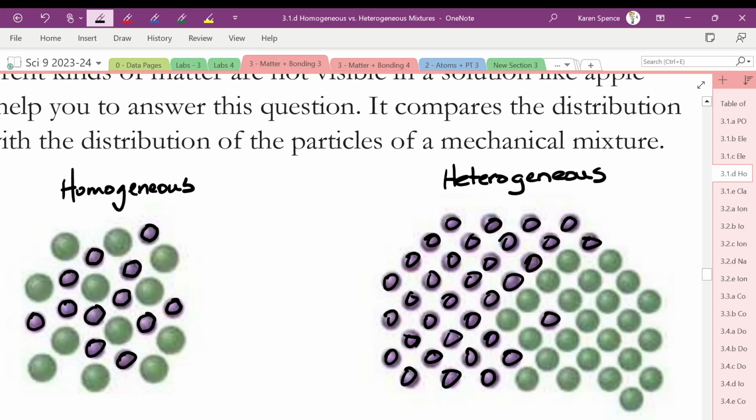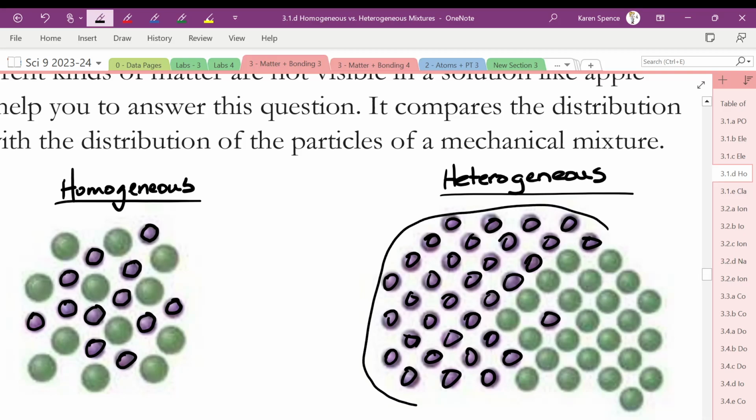And the one thing that you should be looking for if we're looking at the particles, like if we've zoomed in super close so we can see the particles, you are looking for clumps of particles in the heterogeneous mixture. Yes? This one is homogeneous? That's okay. It's still heterogeneous because we have a clump of purple stuff over here.